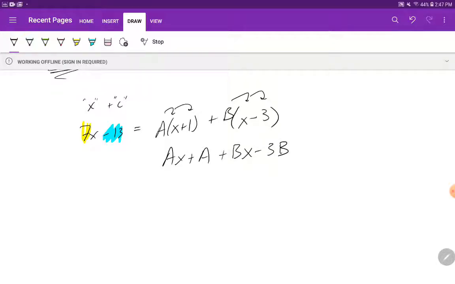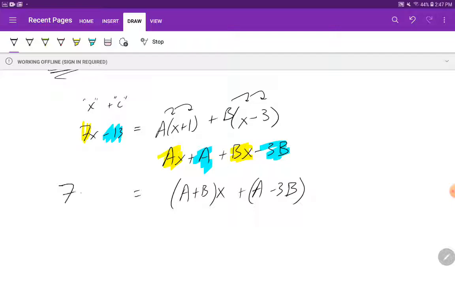I can collect my x terms together and get a plus b times x. And then I can collect my constant terms and get a minus 3b. Since it lines up with the other side of the equation, I can just set the two pieces equal to each other.